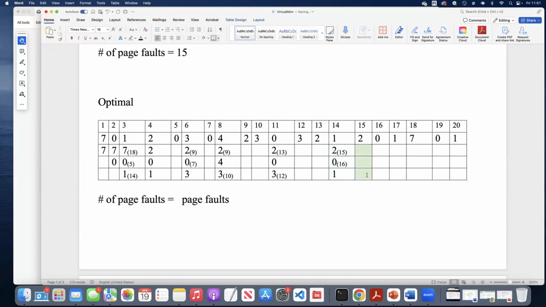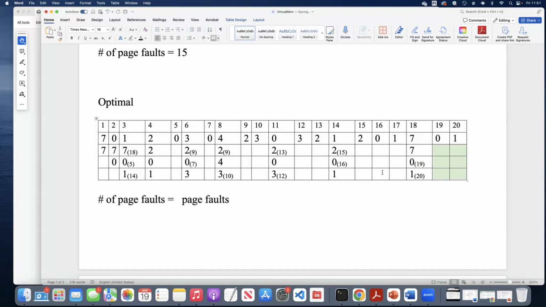And then page 2 in the memory, page 0 in the memory, page 1 in the memory, no page fault. And then page 7. Page 7, we have the page fault, need the page replacement. Page 2 is not needed anymore, page 0 will be accessed at time 19, and page 1 will be accessed at time 20. So page 2 is the victim page, replaced by page 7. And then page 0, page 1, no page fault.